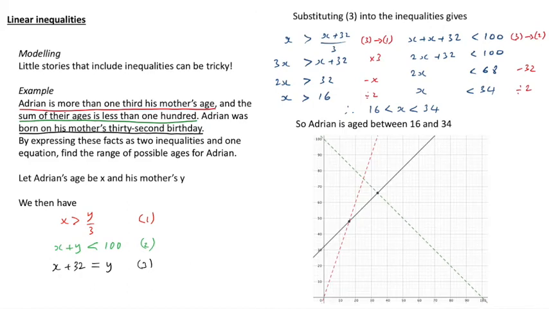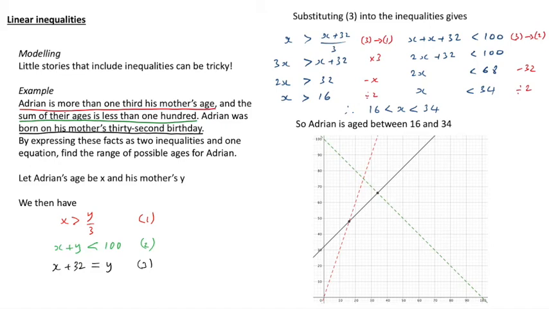Now, graphically, the way that we draw these is, for x is greater than y over 3, we've drawn x equals y over 3, and we've given it a dotted line because it's a strict greater than. For x plus y is less than 100, we've drawn x plus y equals 100, and a dotted line because it's strictly less than.